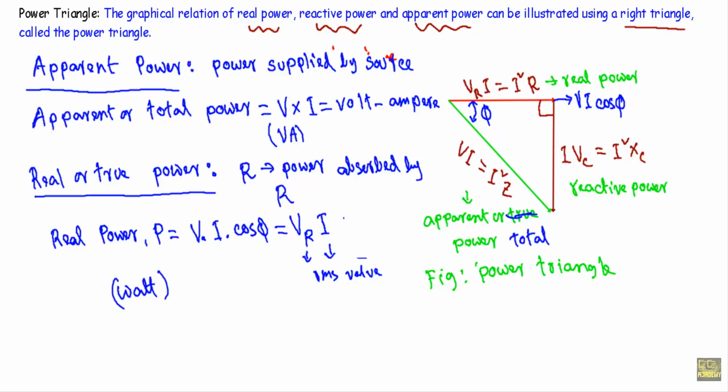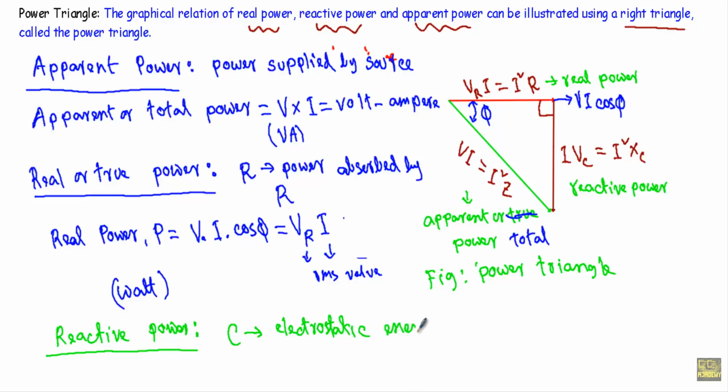What is reactive power? See, in the RC series circuit we will have the capacitor, which is a reactive component, and we know that a capacitor stores electrical energy in the form of electrostatic energy or as a charge. Now see, what is reactive power?